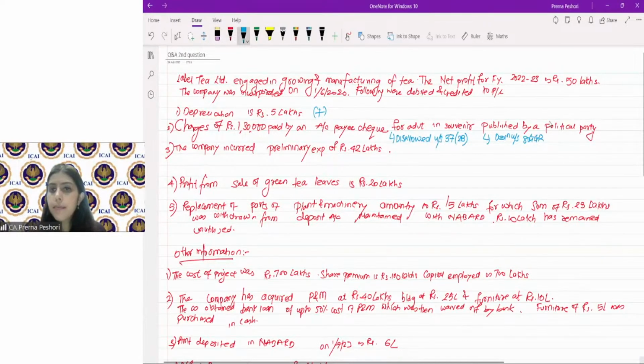Are we clear? Because this is by account payee cheque. If this would have been in cash, then it is not allowed even under section 80GGB. So you have to write in which section it is disallowed. It is disallowed under section 37(2)(b). Are we clear? Any questions, any doubt? Yes, Janvi, you were correct.